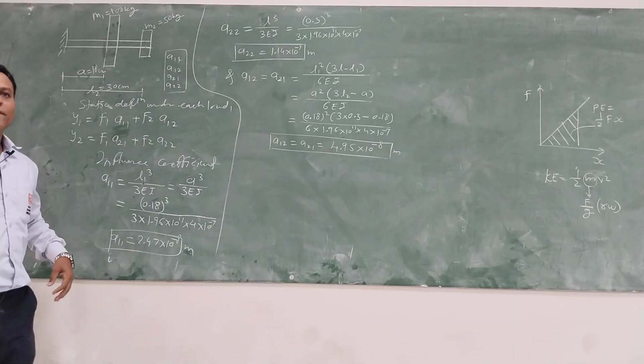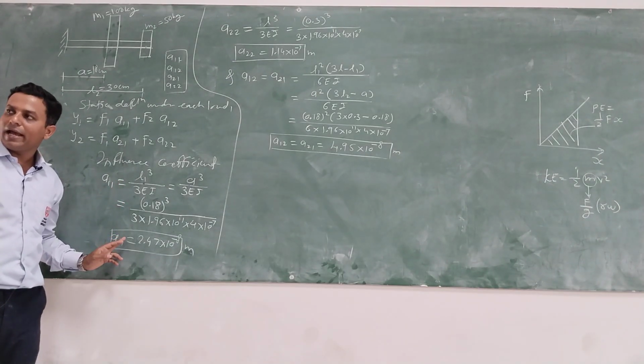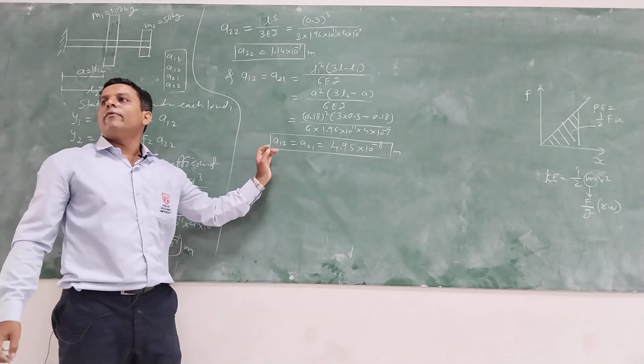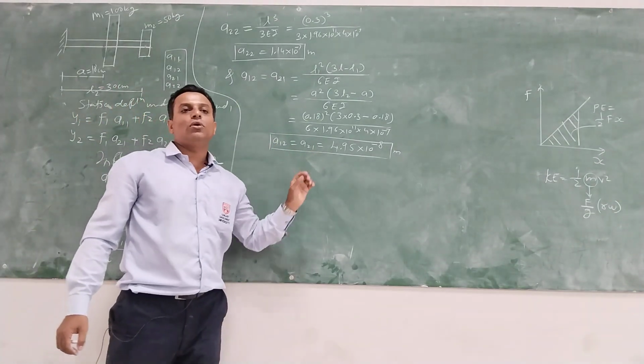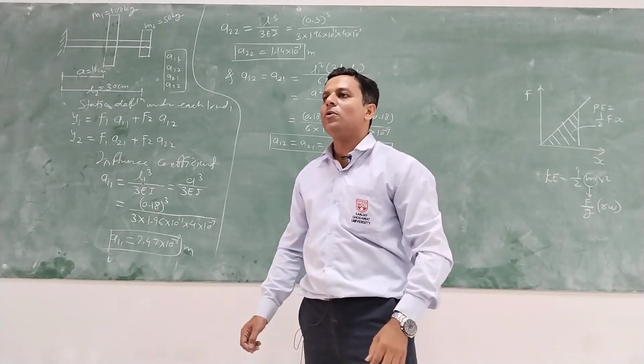So now we have A11, A22, A12 and A21. So all the values of influence coefficient now we know.